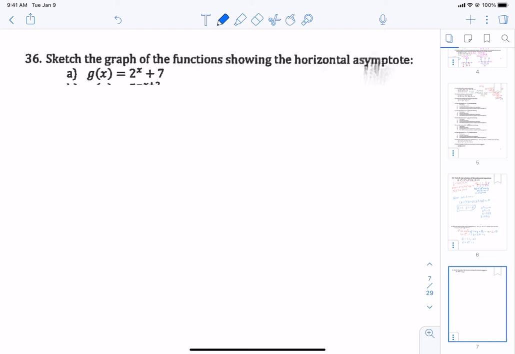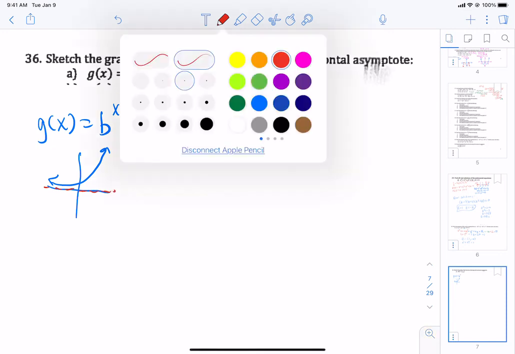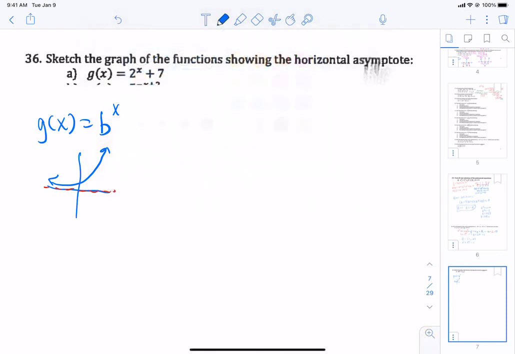The standard, if it was like that, okay, that function will either look like that with a horizontal asymptote at 0, or it could be descending. If that b is like a fraction, sometimes it's going downhill, but it will always have a horizontal asymptote at 0. Now what changes the horizontal asymptote is any number that you see hanging on the back of there.